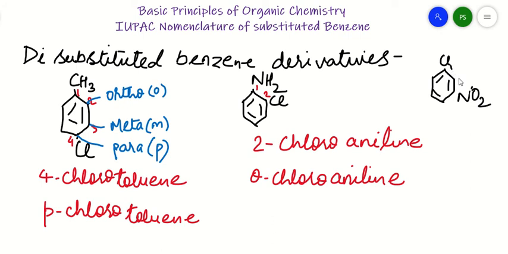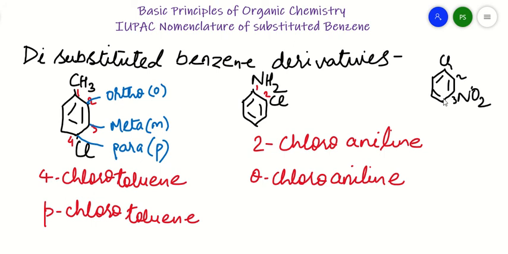This would be 1, this would be 2, and this would be the third carbon atom. Alphabetically, Cl is treated as the prefix. So 1-chloro-3-nitrobenzene would be the name of the compound, or meta-chloronitrobenzene would be the IUPAC name. So children, this is how we write the name of disubstituted benzene derivatives.